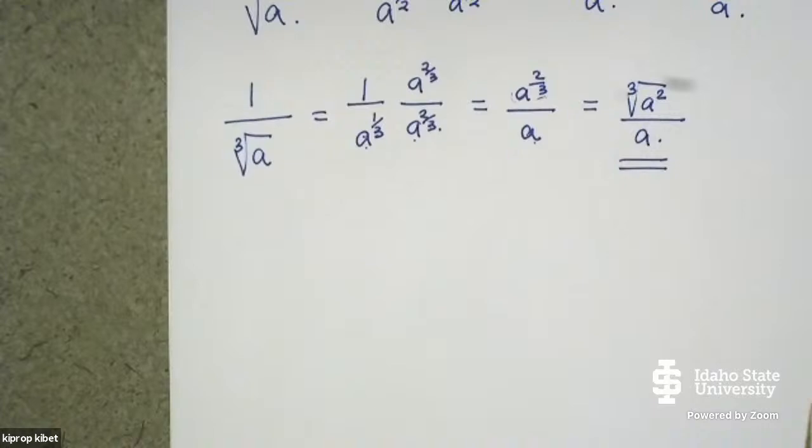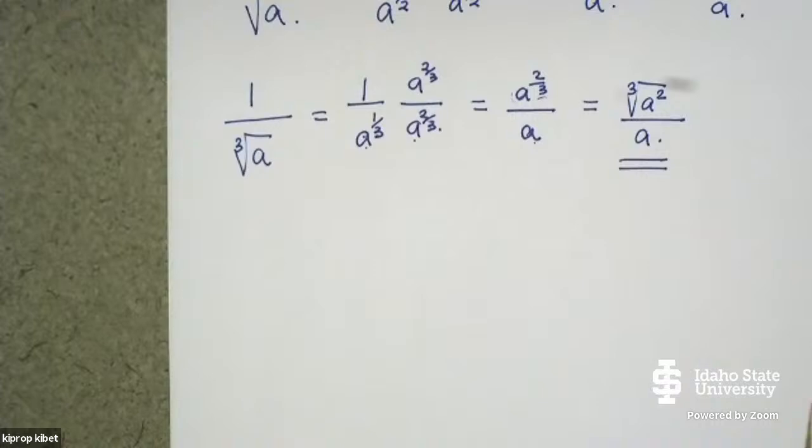What you do at the bottom, you do at the top, because you can still cancel and you get 1. Since we are simplifying, we multiply by the value which will not leave a radical in the denominator.